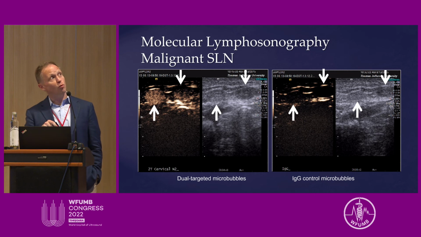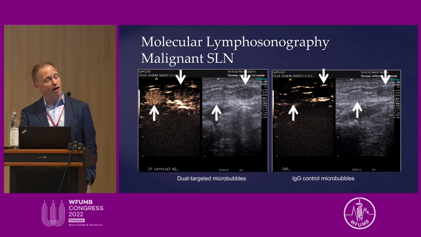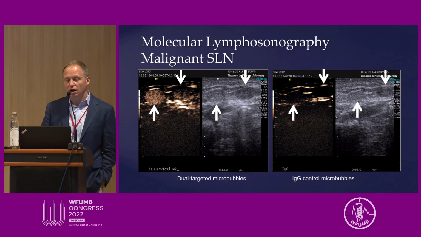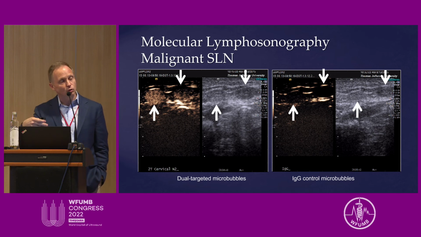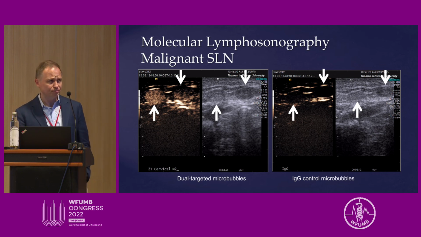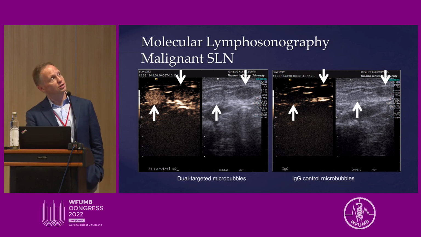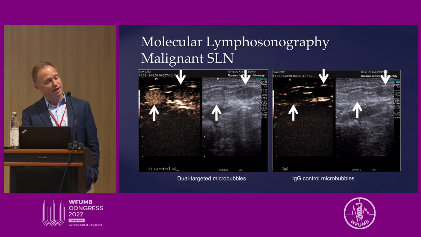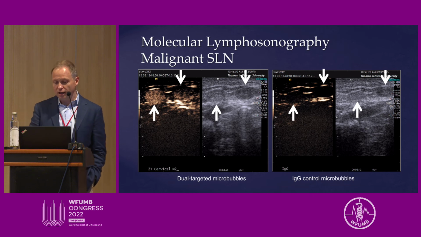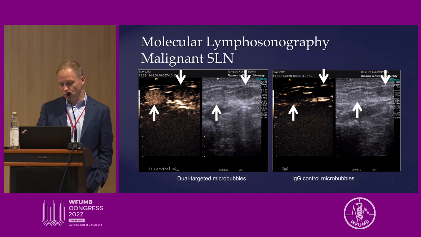Those were control microbubbles labeled with IgG, a sham protein, just to make a dual control, so to speak, an internal control in this experiment. And you can see the exact same lymph nodes retain absolutely no agent that was just labeled with IgG.